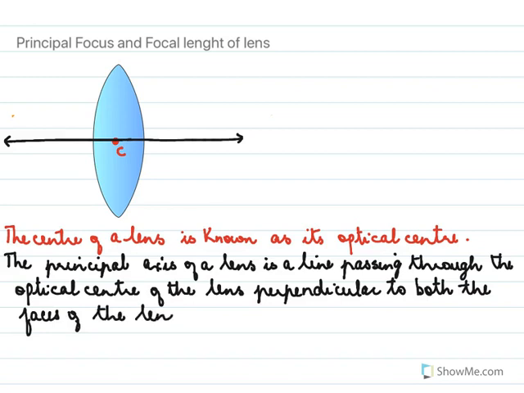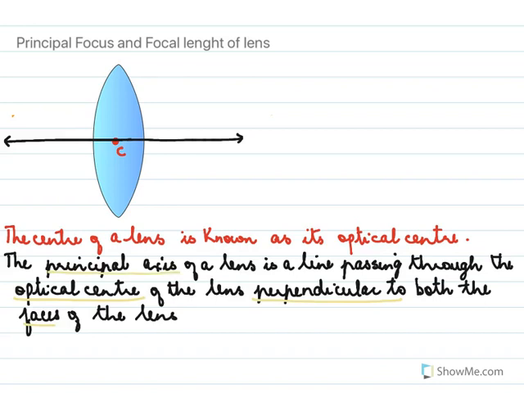So this is the principal axis. Just to repeat again, the principal axis is a line passing through the optical center of the lens and perpendicular to both the faces of the lens.